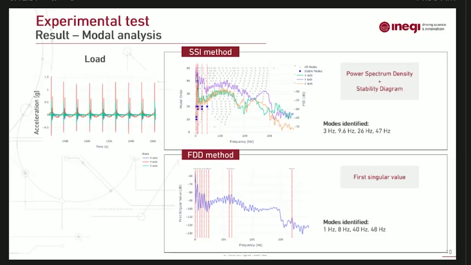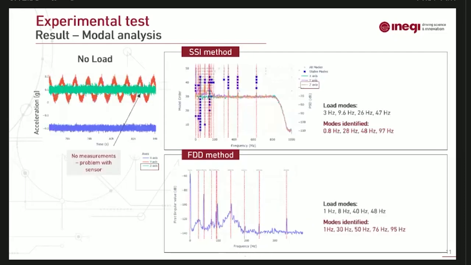But if we look at the first modes identified by each method, 3 hertz, 1 hertz is a little bit similar, the 8, 9 hertz. So maybe with the 47, 48 hertz, maybe we are seeing some modes here.